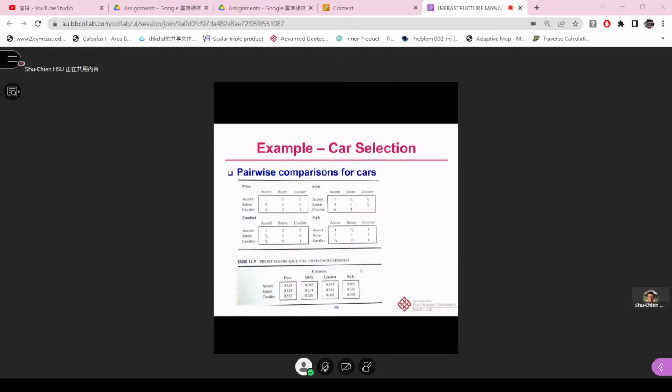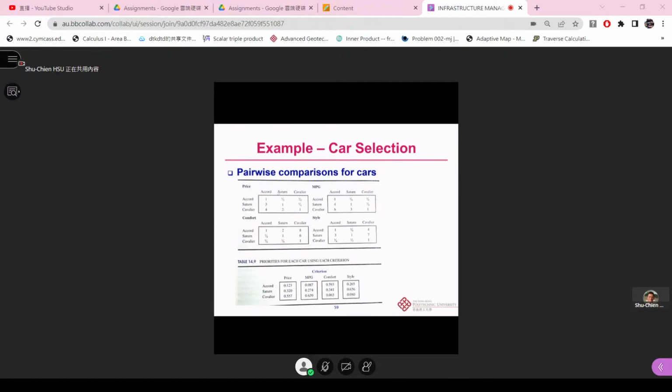All right, so then we can further do the pairwise comparison for the cars. I just put in the weighting for those criteria, but we haven't really compared the cars. So we do pairwise comparison between the cars, not just between the four criteria. We also have to put in the weighting for the prices.